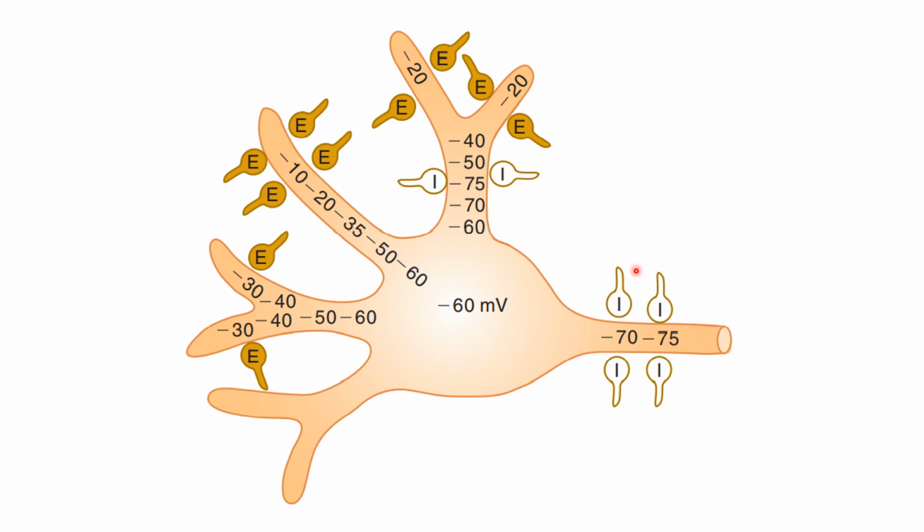What's special here is that there are inhibitory postsynaptic potentials affecting the axon hillock itself. So that results in hyperpolarization and no action potential firing in this neuron, despite the larger number of excitatory synapses on the dendrites.